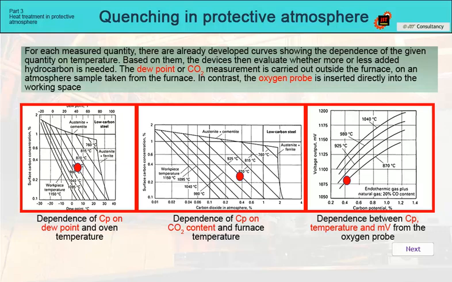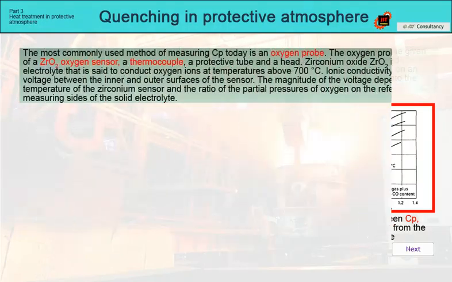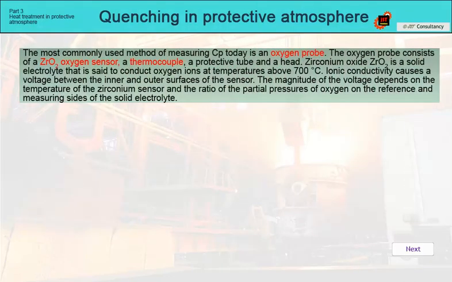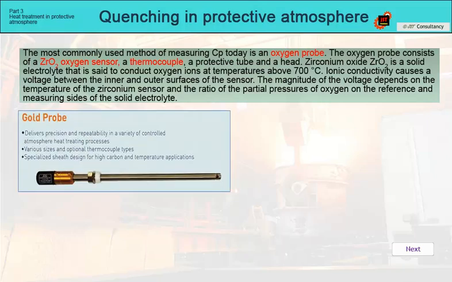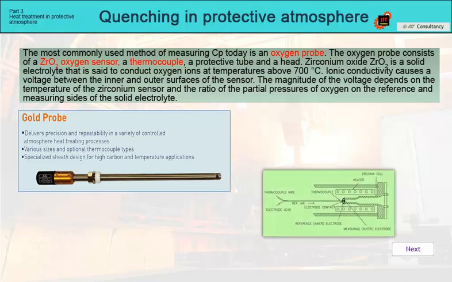Dew point or carbon dioxide measurements are made outside the furnace, on an atmosphere sample taken from the furnace, while an oxygen probe is inserted directly into the working area, and thus measures the carbon potential directly in the furnace. The most commonly used method today is to measure CP using an oxygen probe. The oxygen probe consists of a zirconium oxide oxygen sensor, a thermocouple, a protective tube, and a head.